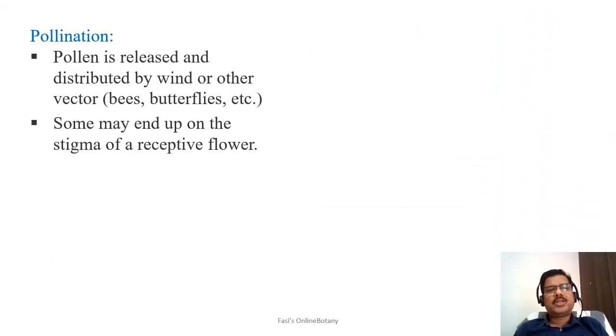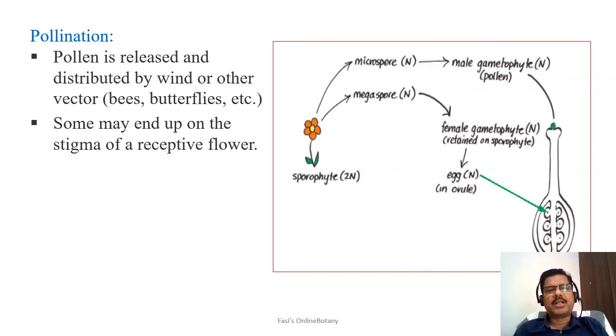During pollination, the pollen is released and distributed by wind or other vectors or agencies like bees, butterflies, etc. Some may end up on the stigma of a receptive flower.